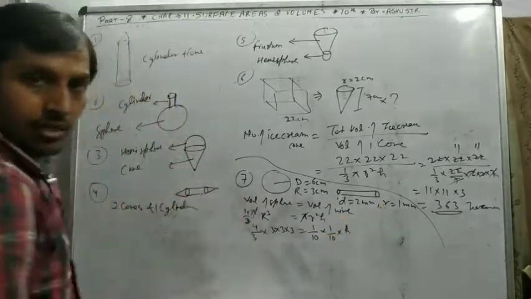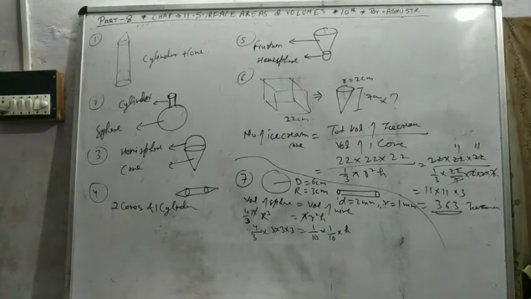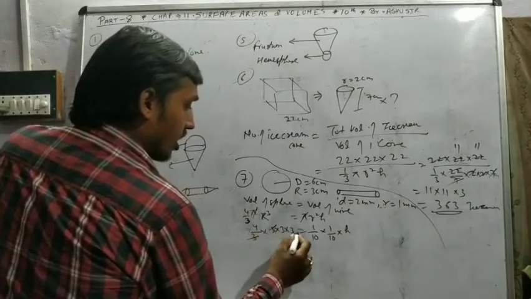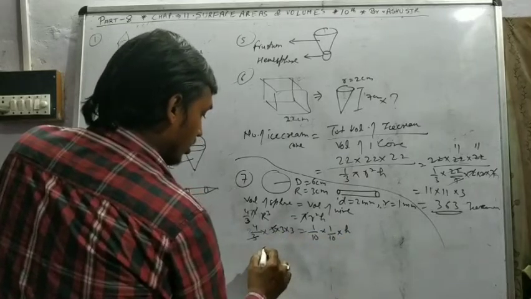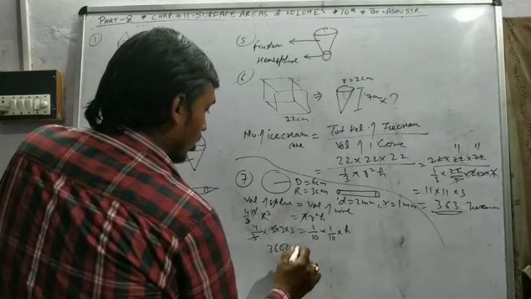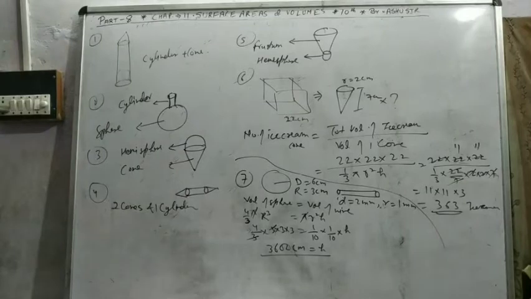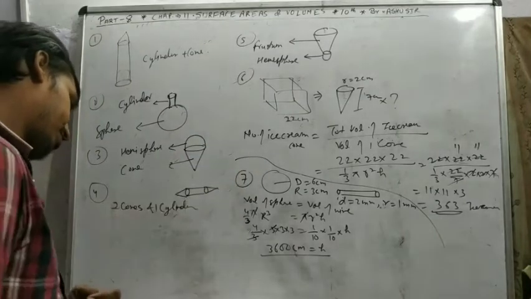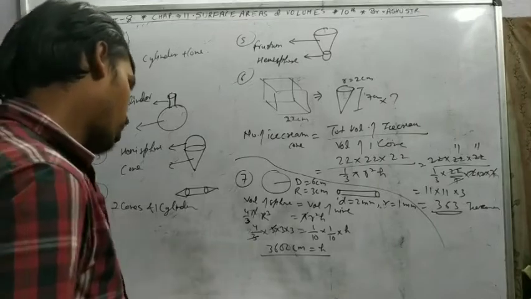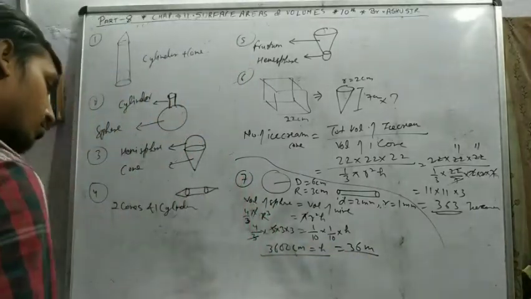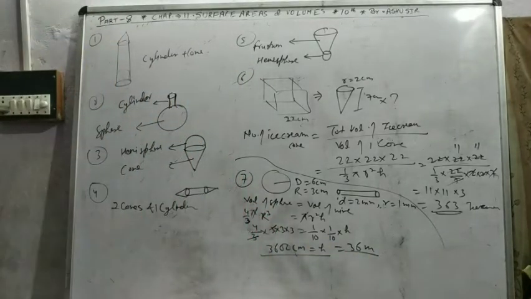Because it is in millimeter, we change into centimeter. 3 cancels, so 4 into 3 is 12, 3 into 12 is 36, into 10 is 3600 centimeter length of wire is formed by using this sphere. So you can also write 36 meter. That's the option. Okay, pause the video, so you can note this down.